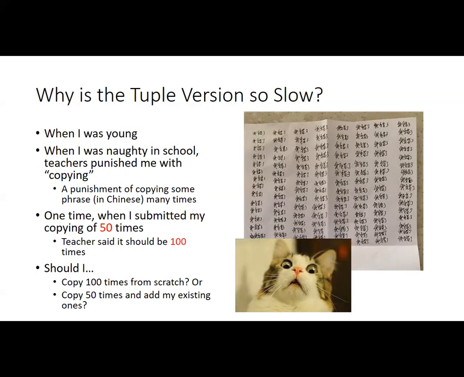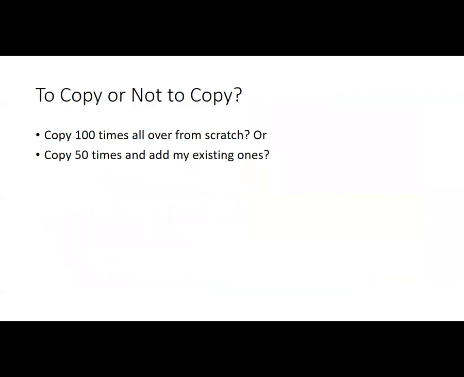What should I do? I copied 50 times already. Should I go and copy another 100 times? Or what is the more clever way? I'll copy 50 more to add on to my 50 times, right? That is exactly the difference, okay?